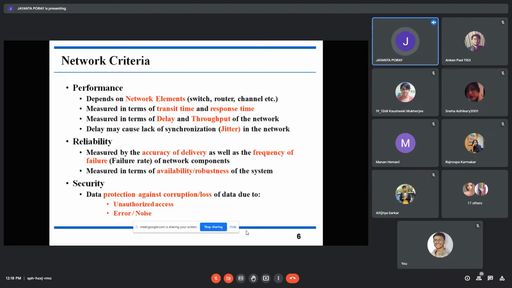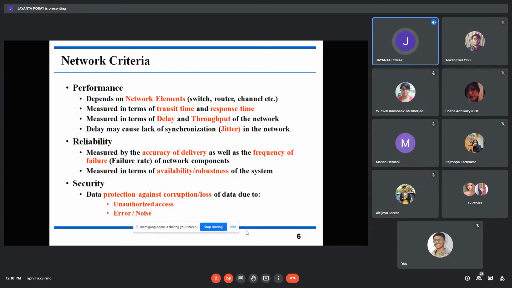So if I say the throughput is 50%, that means I am using 50% of the capacity of this network. When I say the throughput of this network is 50%, that means I am using 50% of the maximum capacity for this network.